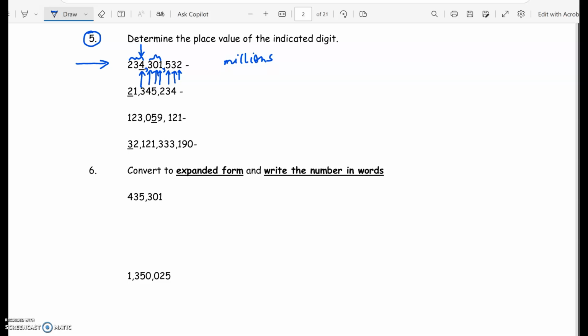The next number we have: ones, tens, hundreds, thousands, 10,000s, 100,000s, millions, and then we have 10 millions.